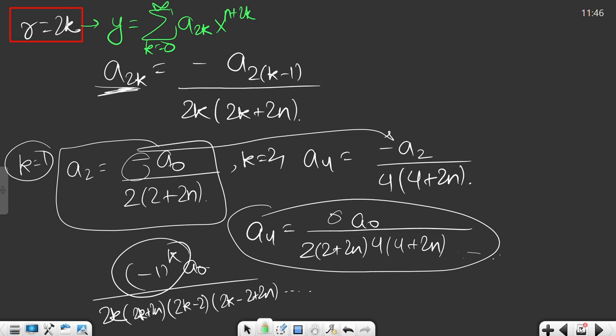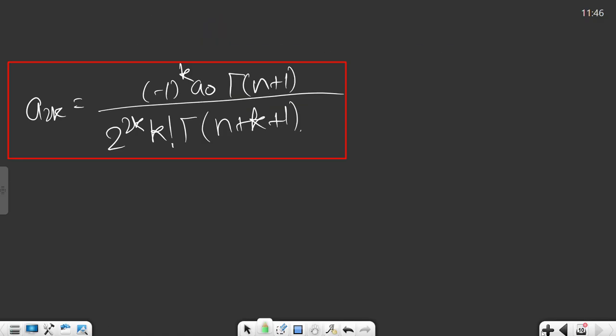So we are just going to plug a sub 2k that we have calculated here in our y. So y was the infinite sum as k goes from 0 to infinity of a sub 2k x to the n plus 2k, right?